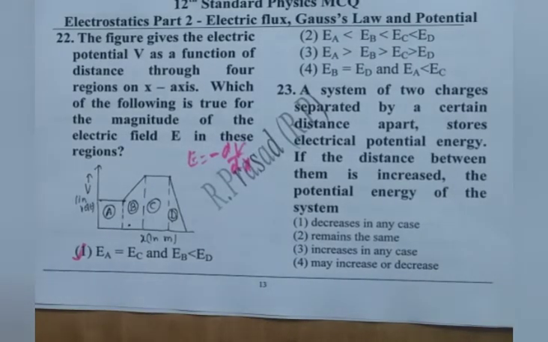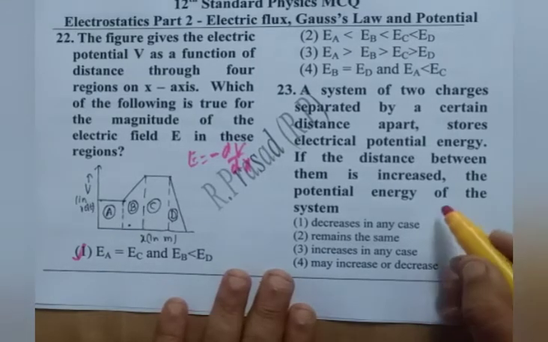We read question 23. A system of two charges separated by a certain distance apart stores electrical potential energy. If the distance between them is increased, the potential energy of the system, say 4 options we read: decreases in any case, remains the same, increases in any case, may increase or may decrease.